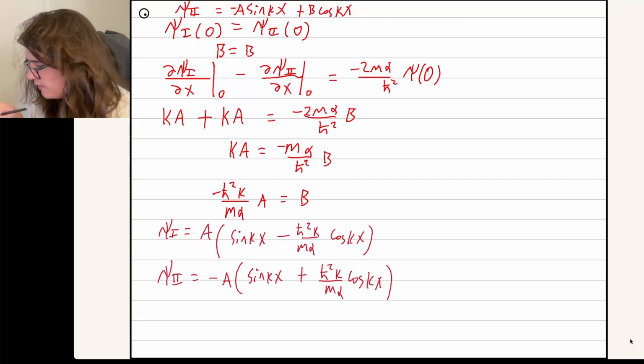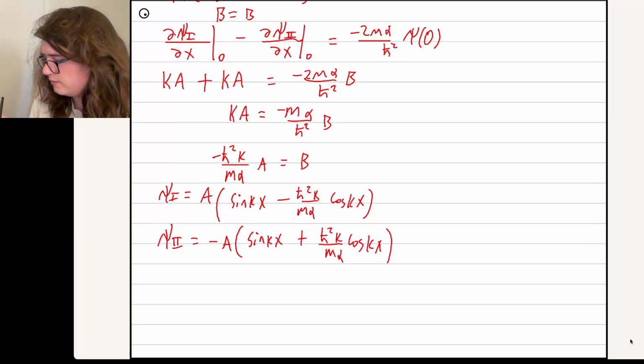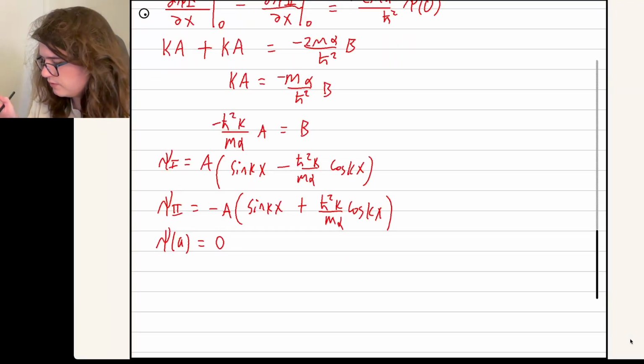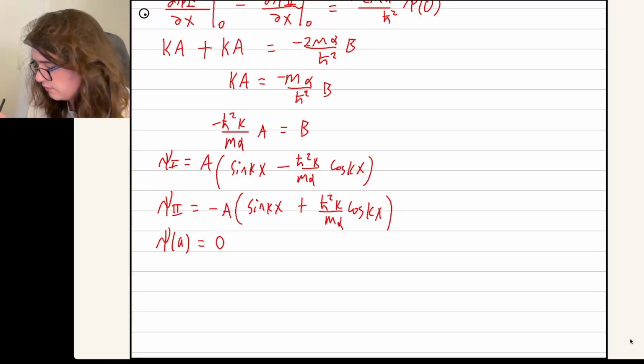So that's funky. Then to get the energy eigenvalues, we do psi of a equals 0 again, with psi 1.